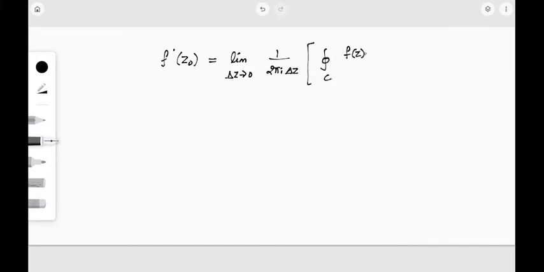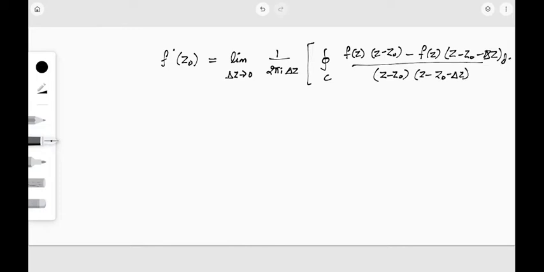I'm going to take the LCM, f of z into z minus z dot minus f of z into z minus z dot minus delta z, whole divided by z minus z dot into z minus z dot minus delta z into dz.